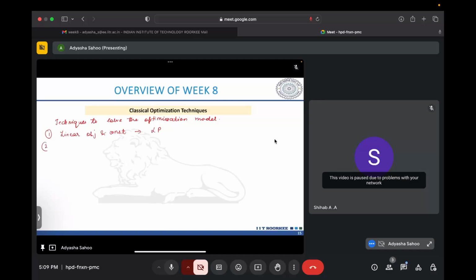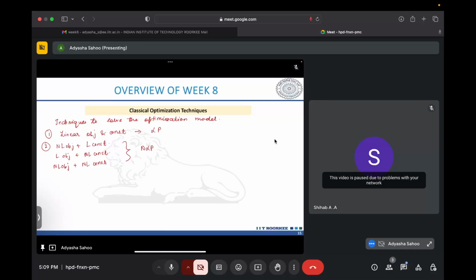Then if you have a nonlinear objective plus linear constraint, or linear objective plus nonlinear constraint, or you have nonlinearity in both the objective function and constraint, we call it a nonlinear problem.